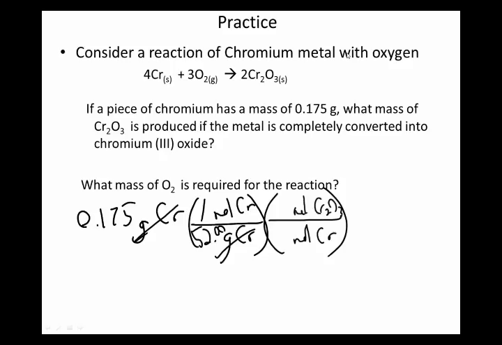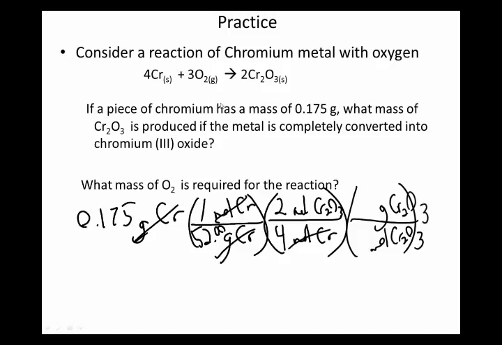Because there's a 4 in front of chromium, I'm going to put a 4 here. And because there's a 2 in front of chromium 3 oxide, I'm going to put a 2 there. And then moles of Cr2O3. And we want to know mass of Cr2O3, I believe. Yeah. So now I just need to look up the molar mass of Cr2O3.